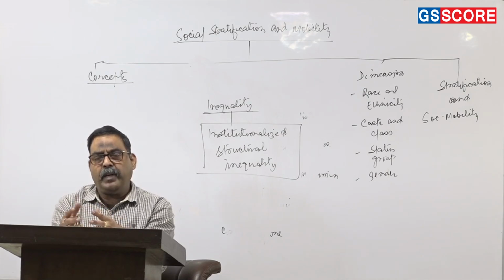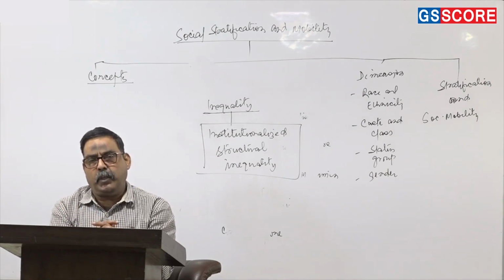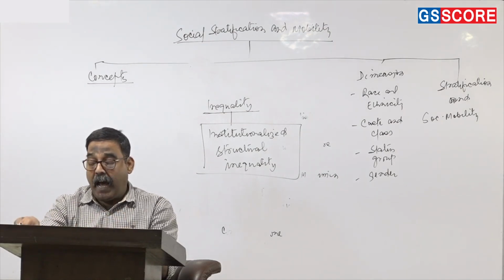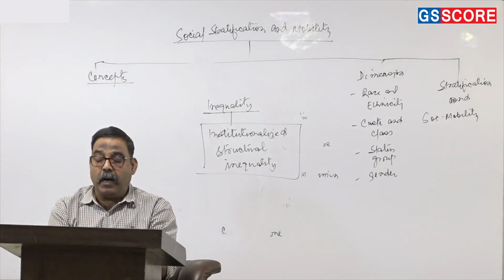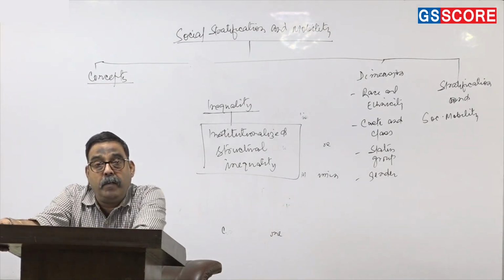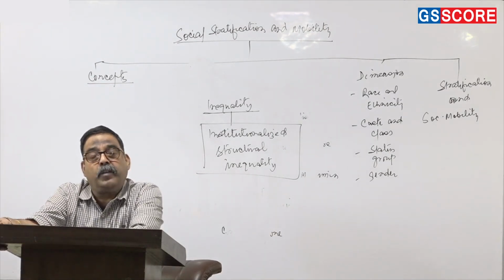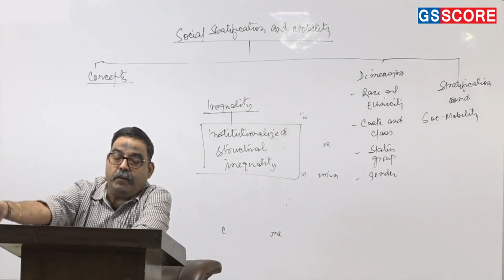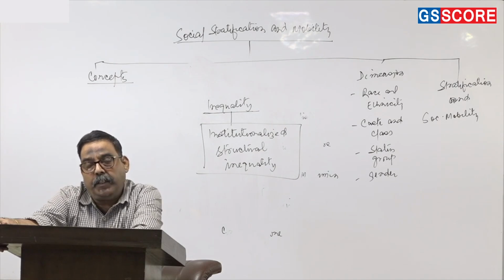You also need to open up this dimension of the penalties associated with mobility. Implying that if the degree of mobility is high, then the fear of falling down is also very high. Sometimes due to the fear of loss of social relationships, people may not attach themselves to mobility.